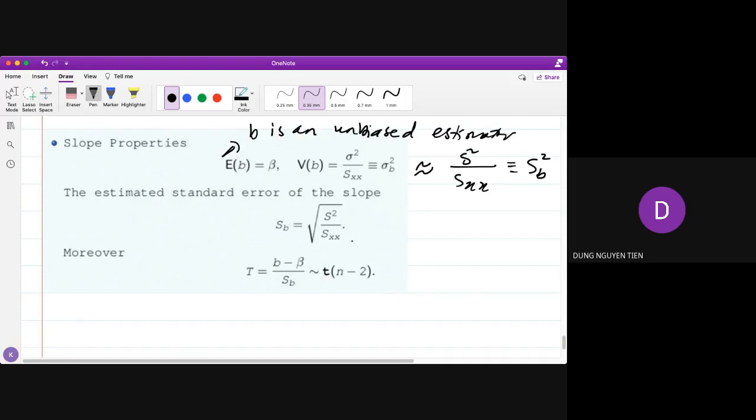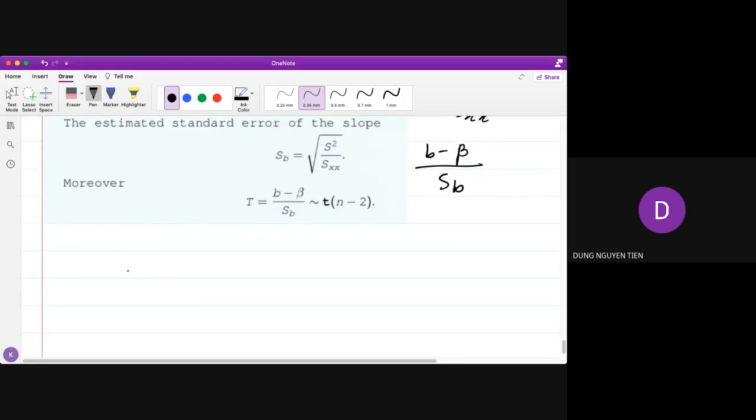All right. So if you standardize B, you should get B minus beta divided by the standard error SB, and this ratio follows the t distribution with degrees of freedom n minus 2. Okay, and from here I can say that beta is simply B plus or minus the error, or let's say t times the standard error SB, where SB is the square root of s squared over the Sxx.